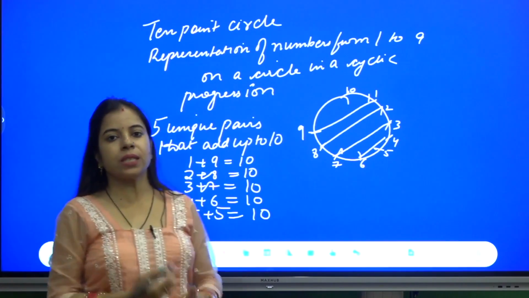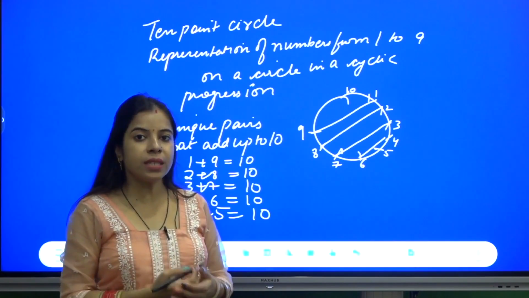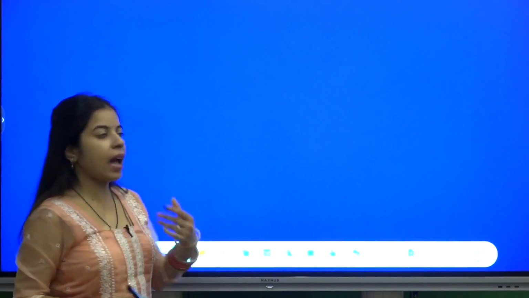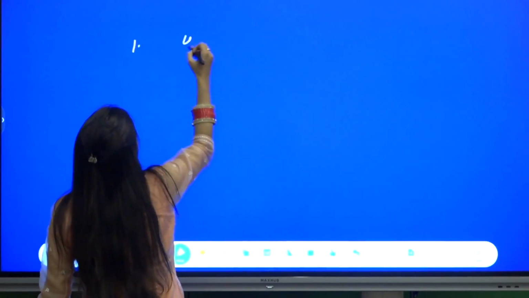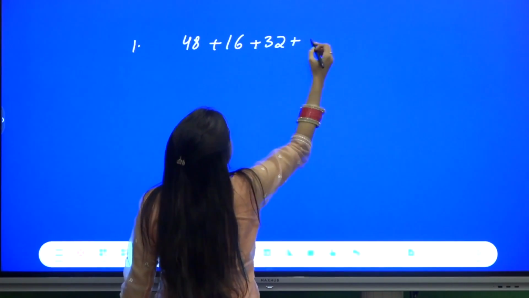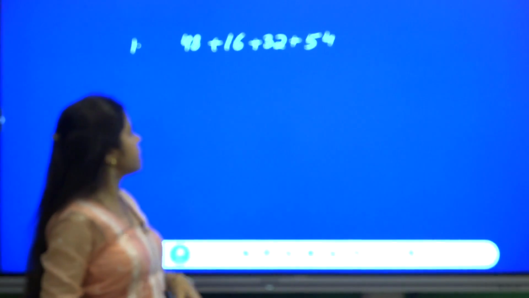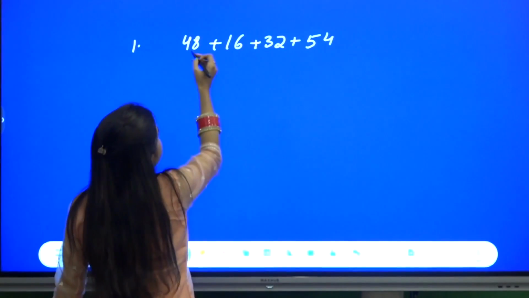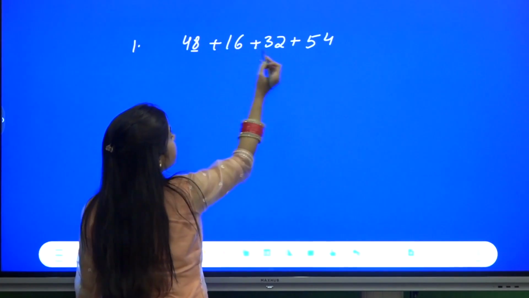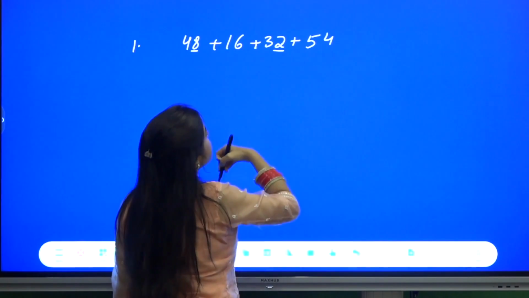Now the next question is why 10-point circle is important. So let us see how it is important. For example, if I have to add say 48 plus 16 plus 32 plus 54. Now, if I concentrate at the unit place, I can see that 8 plus 2 is 10 and 6 plus 4 is 10.